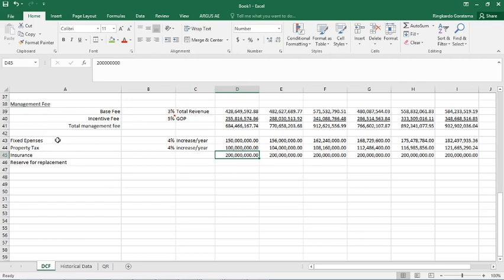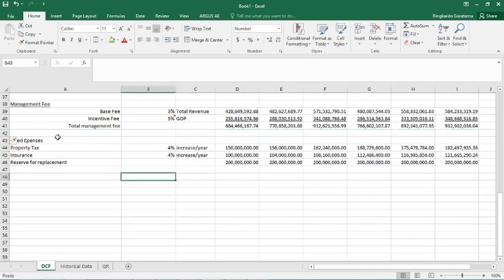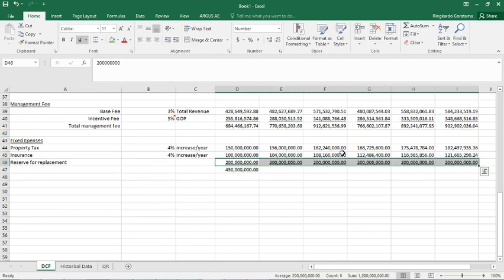So I think I need to move this cell. All right. And this is the total. Okay.